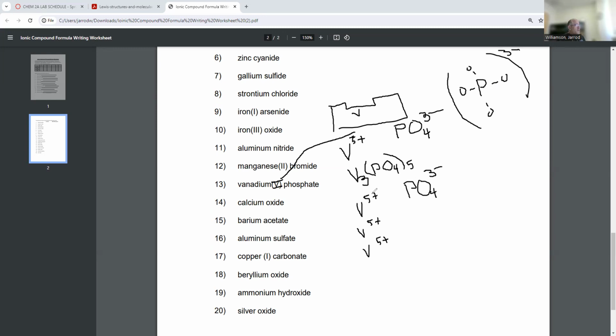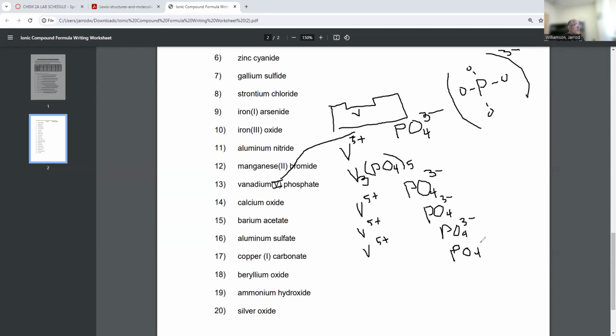Right? And I would need a total of 5 of these to get a total of -15. That's why I'm going to end up with PO4 3-, PO4 3-, PO4 3-, PO4 3-, PO4 3-. I'm doing it the long way.